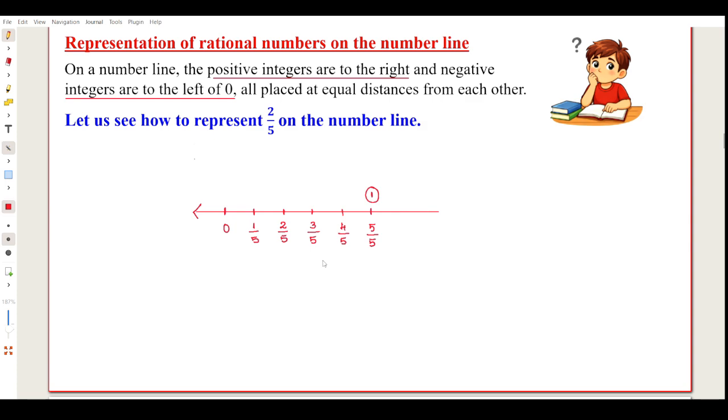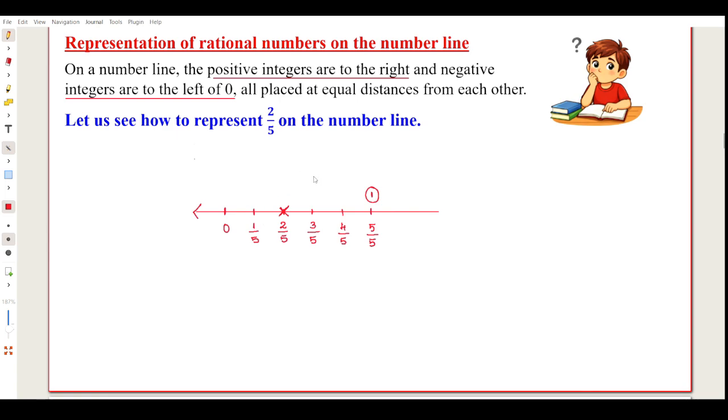So where is 2 by 5? This is our 2 by 5. This is how we represent rational numbers on the number line.